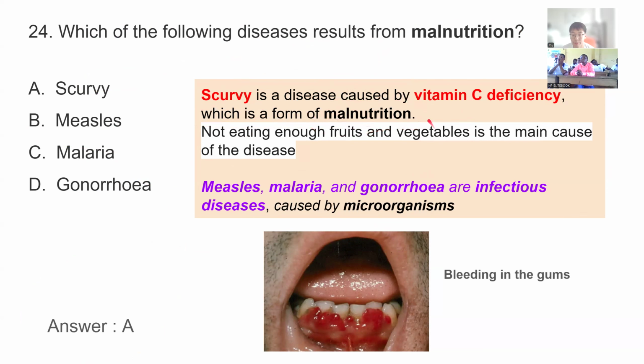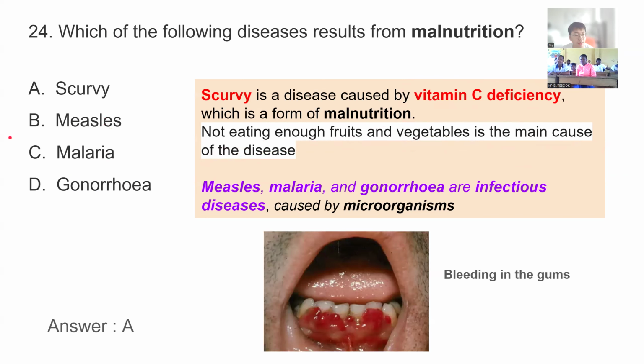Malnutrition being having a lack of certain nutrition. Vitamin C is an example of a nutrient that is pretty much essential to our body. And not eating enough fruits and vegetables is the main cause of the disease.